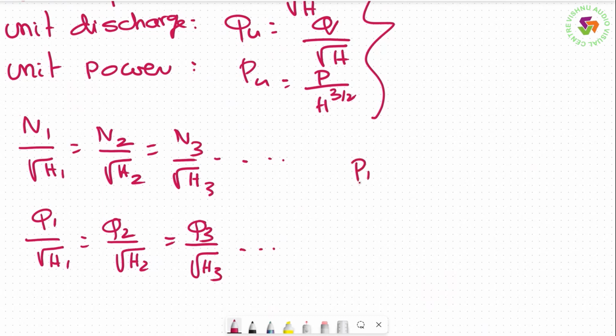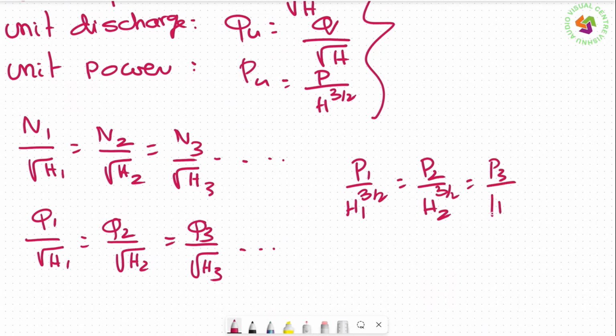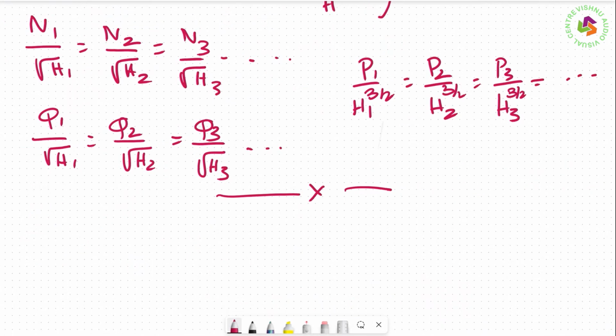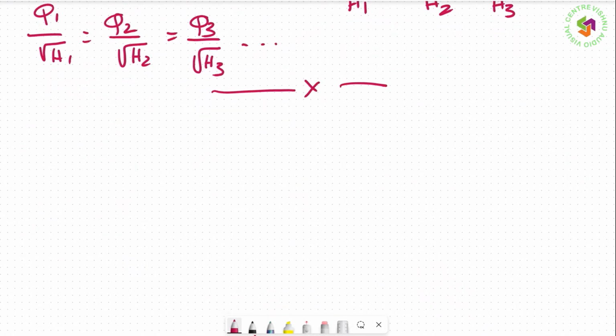Or P1 by H1 to the power of 3 by 2 is equal to P2 by H2 to the power of 3 by 2 is equal to P3 by H3 to the power of 3 by 2 and so on. So this is basically the unit quantities. Let us take one or two problems in this one.